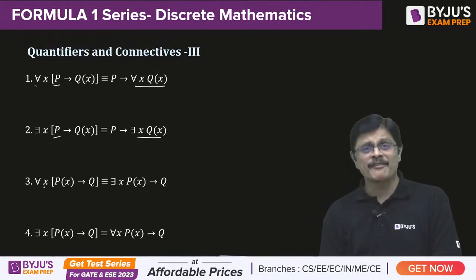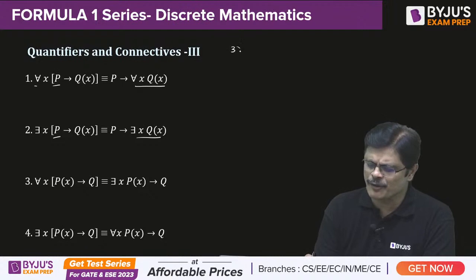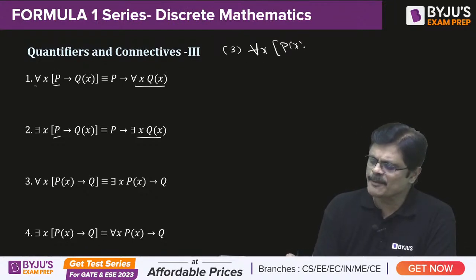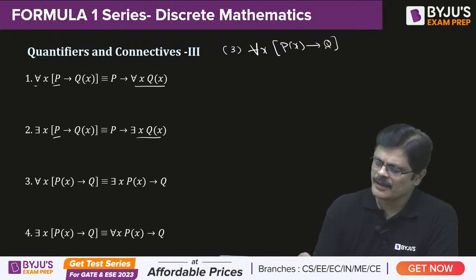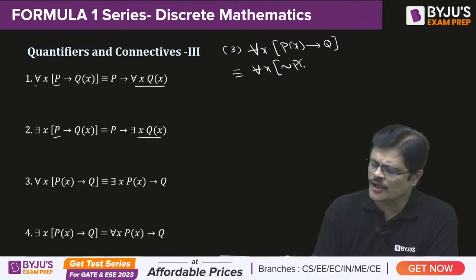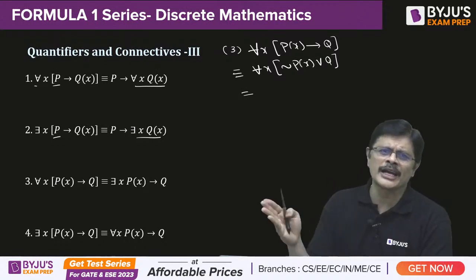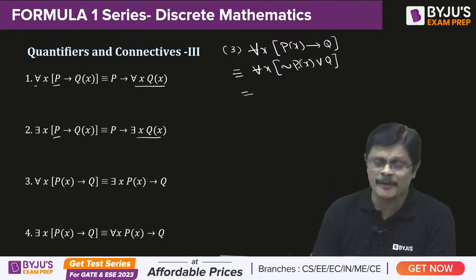But if you have the first as predicate and the second as proposition, I'll just prove one of them, sir. The third one, it's a very simple problem actually. For all x, P(x) implies Q. By the law of implication, this can be written as negation P(x) or Q. And as I told you, when you have one predicate and one proposition, for all can be distributed to the predicate part.